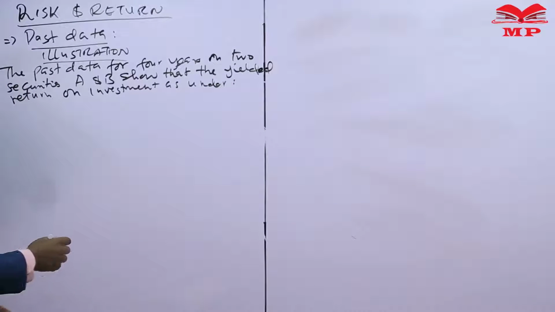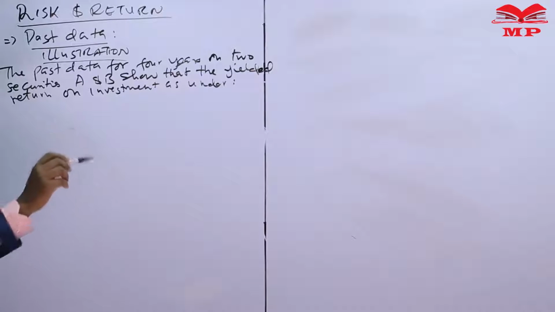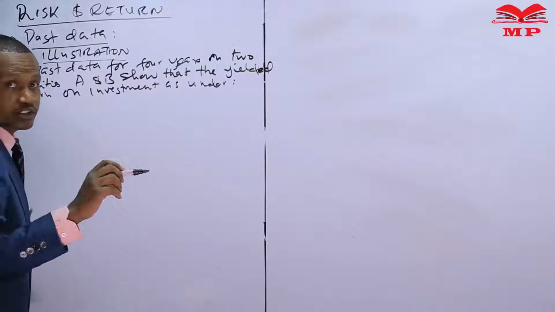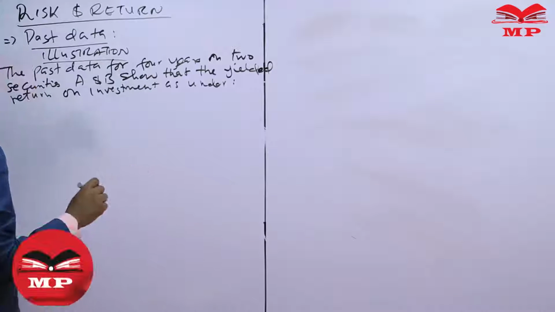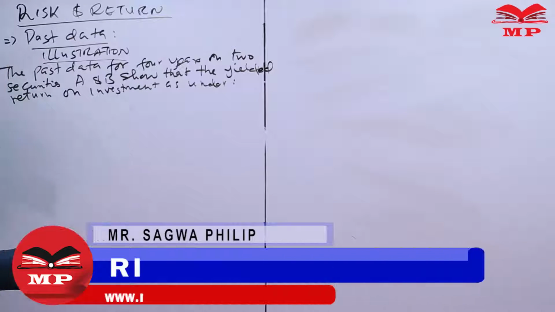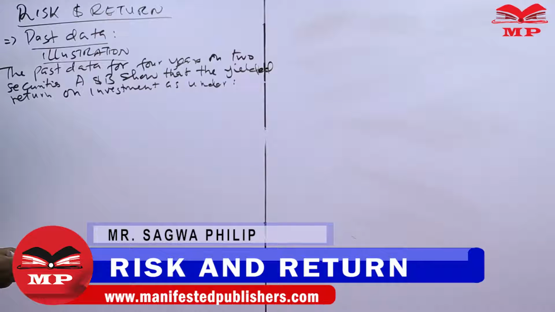So the past data for 4 years on two securities A and B. Securities can be equity share, can be stock, can be a bond. Show that the yield return on investment as under.